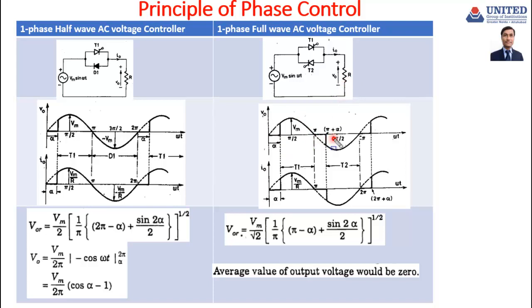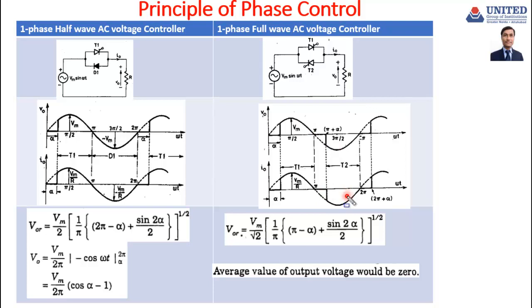During the negative half cycle, T2 is triggered at omega t equal to pi plus alpha. Then it conducts from pi plus alpha to 2 pi. In this figure, the positive half cycle is identical to the negative half cycle for both voltage and current waveforms.